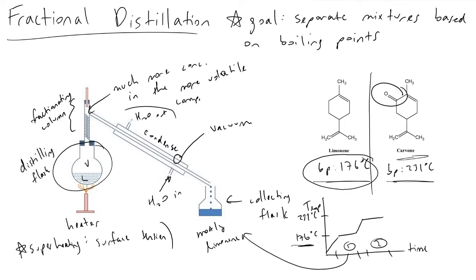But what we see in the case of distillation is that the surface tension of water will restrict and inhibit the formation of bubbles in a distillation flask. And the consequence of this is we can end up superheating our liquid. And this will be a problem because we want to evaporate our liquid because we want to get a vapor phase that we can put through our fractionating column to condense.